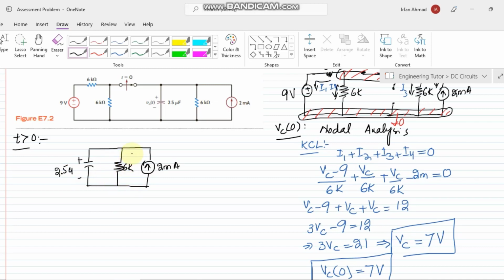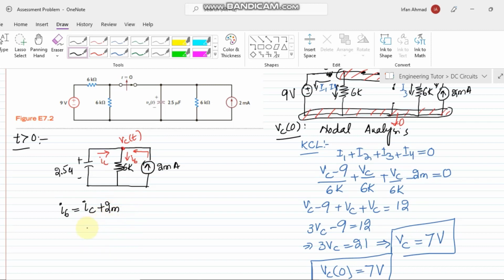In order to analyze it, I can very clearly see here that the current is flowing towards this one. This is, let me call it VC of t, and similarly this current is flowing through this one, and that is I6. This is IC. Here we can very easily see that the value of I6 is equal to IC plus this 2 milliamps.